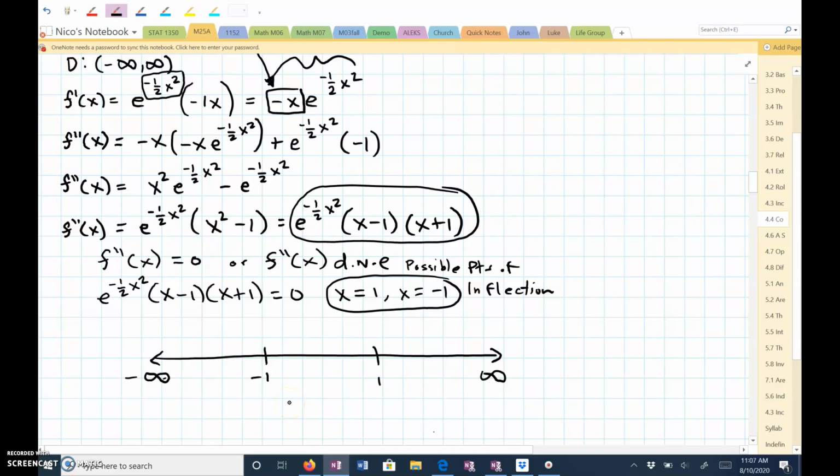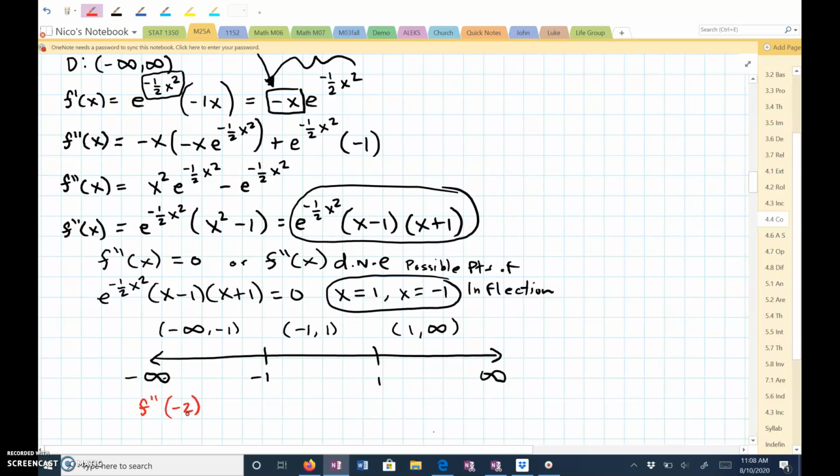And I'm going to look at these intervals here to see if it's concave up or concave down. If concavity switches at any of these intervals, then where it switches, that point is going to be a point of inflection. So let's test this first interval. I can test f double prime of negative 2.